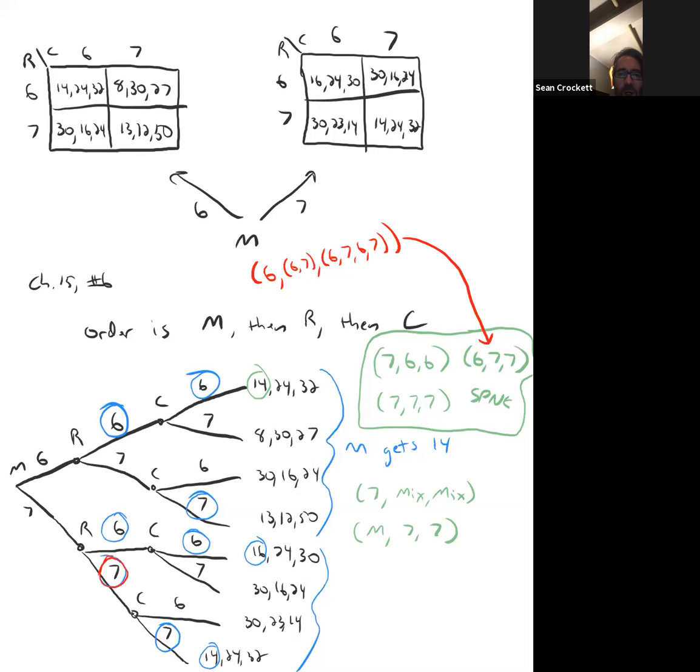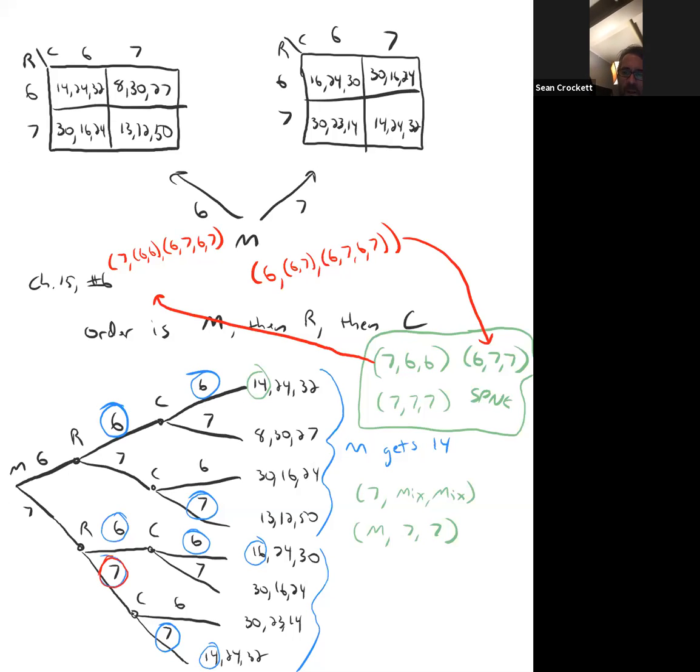She's picking 7 at the bottom. And so this first one is player 1 picking 7. And then if player 1 picks 7, player 2 picks 6, 6, and player 3 picks 6, 7, 6, 7.